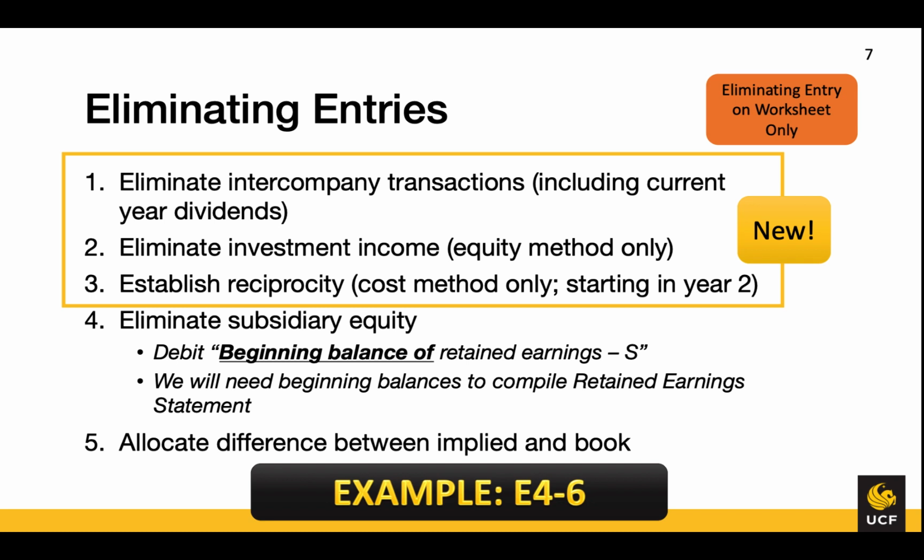Then number 4 and 5 are our eliminating entries that we practiced considerably last chapter, but with a little bit of a modification. So when we eliminate our subsidiary equity, our entry where we eliminate the retained earnings of our subsidiary, we are now going to make sure that we note that that is the beginning balance of retained earnings as of the beginning of the period that we are consolidating.